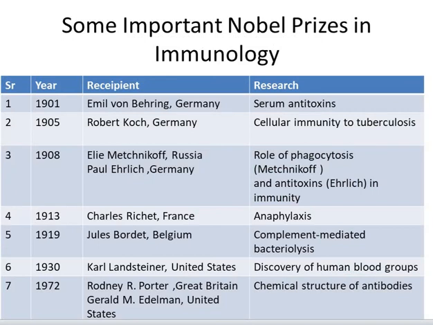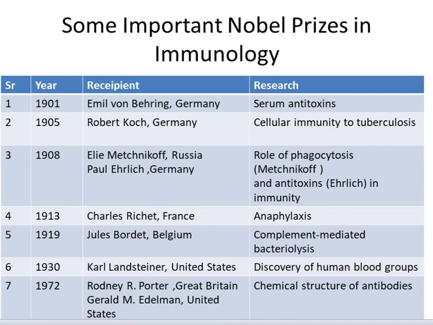Here I have mentioned some of the important discoveries in immunology for which Nobel Prizes were awarded. The Nobel Prize was started in 1901, and the first Nobel Prize in Physiology or Medicine was awarded to Emil von Behring, who is from Germany, for development of serum antitoxins against diphtheria and tetanus. In 1905, Robert Koch, who is also from Germany, was awarded the Nobel Prize for cellular immunity to tuberculosis.